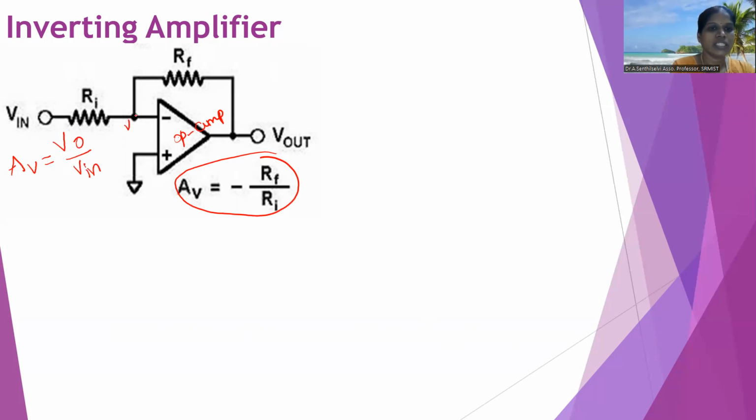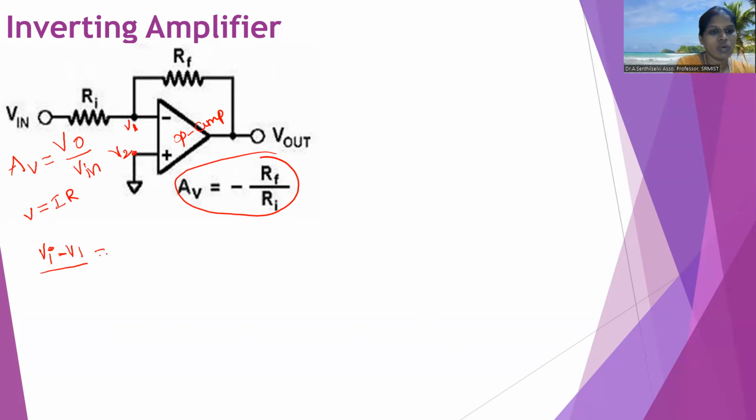Here, consider this is the point where the voltage is V1, and assume that here it is V2. If you want to write the input voltage, we know Ohm's law, V equal to IR. On the input side, if you write the equation, V in minus V1 equal to IR.